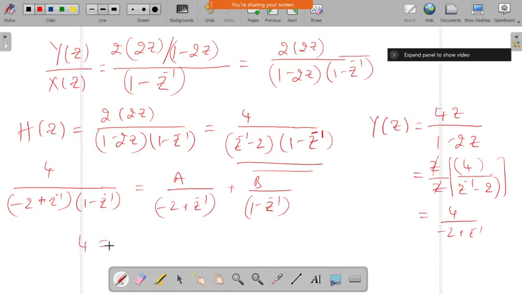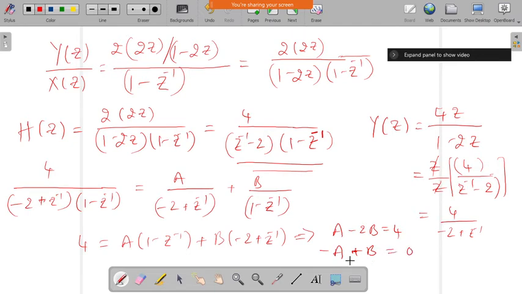Now we can equate it to A into 1 minus z inverse plus B into minus 2 plus z inverse. So this we can write as two equations, that is A minus 2B equal to 4, and then A plus B minus A plus B equal to 0. So these are the two equations.